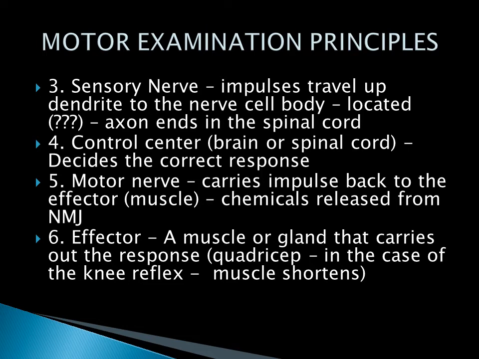But also, other effectors could include glands, could include smooth muscles of arterial walls, could include erector pili muscles. In other words, we have both somatic and autonomic reflexes. For right now, the effectors involved with our motor testing of the lower extremities are skeletal muscles.